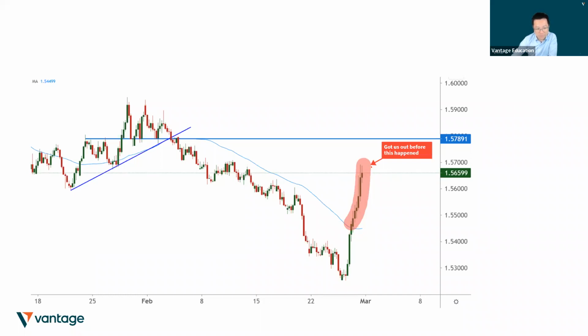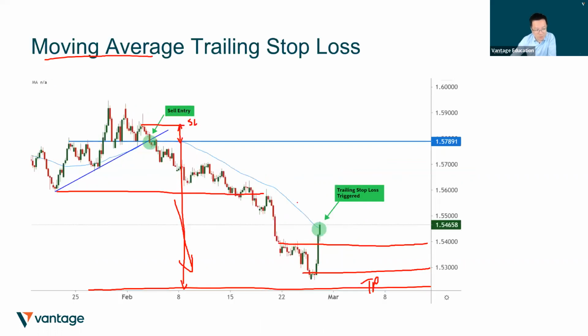We've gone back up towards 1.57. We've reversed all that. Very good trade towards the downside. Okay, makes sense so far. So this is a very key reason why you want to move your stop loss down, in particular when your trade is doing well and moving in profit. You want to try and maximize that move.